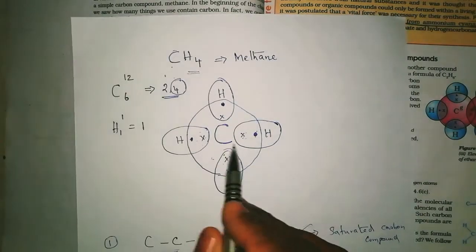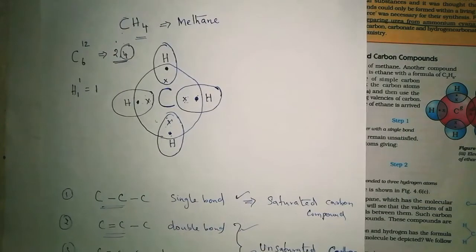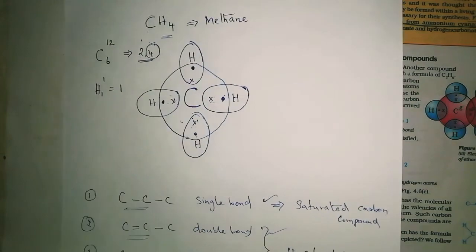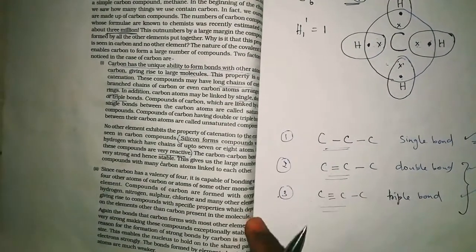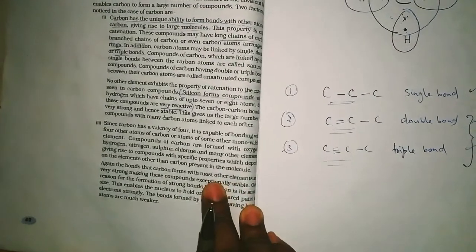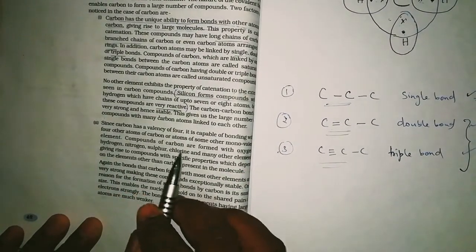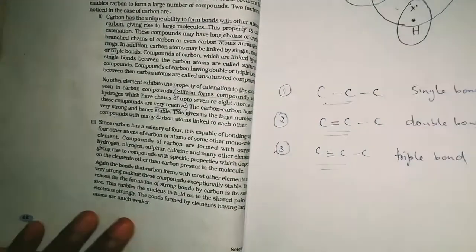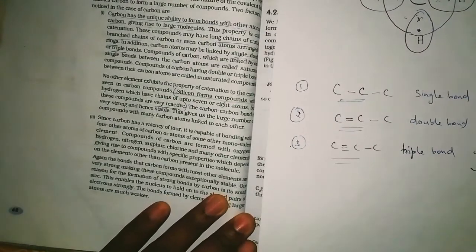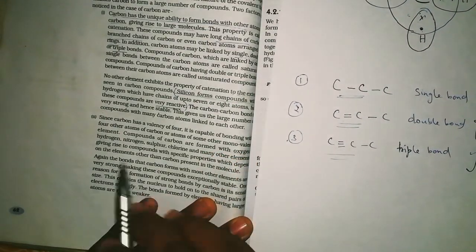Carbon has 4 valencies. With these 4 valencies, what is the possibility carbon can form? Here we'll start learning about it. Since carbon has valency 4, it is capable of bonding with 4 other atoms of carbon or atoms of some other monovalent element.